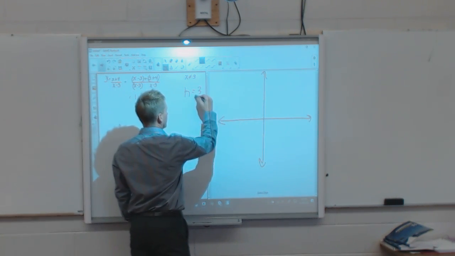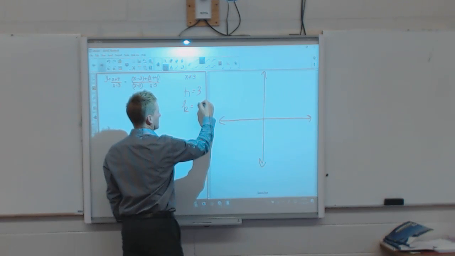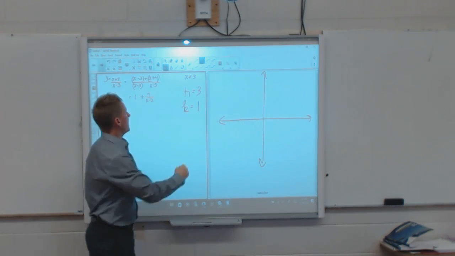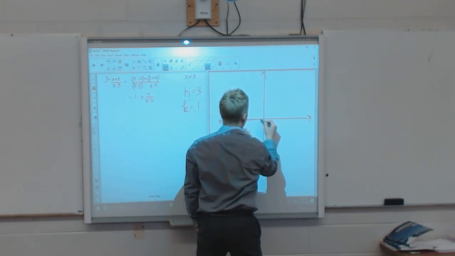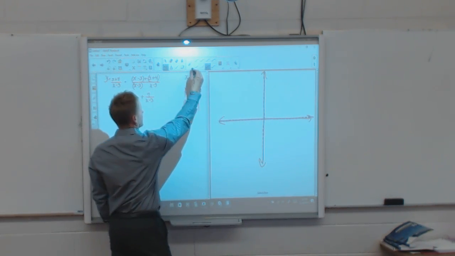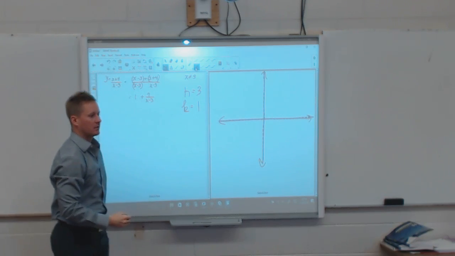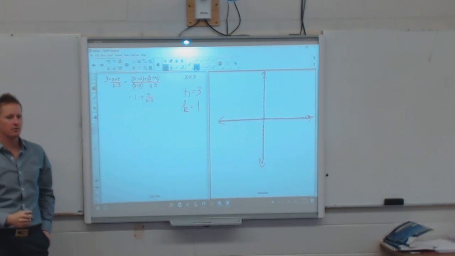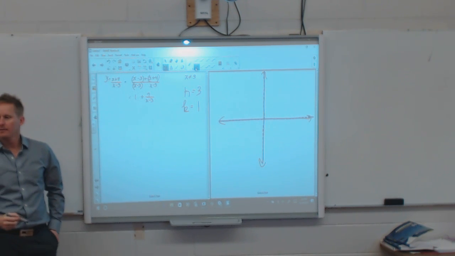Plus 3. What's my k? 1. So if my asymptotes are there and there, they're at 0 and 0 right now. Where are they going to move to? Right 3 and up 1.